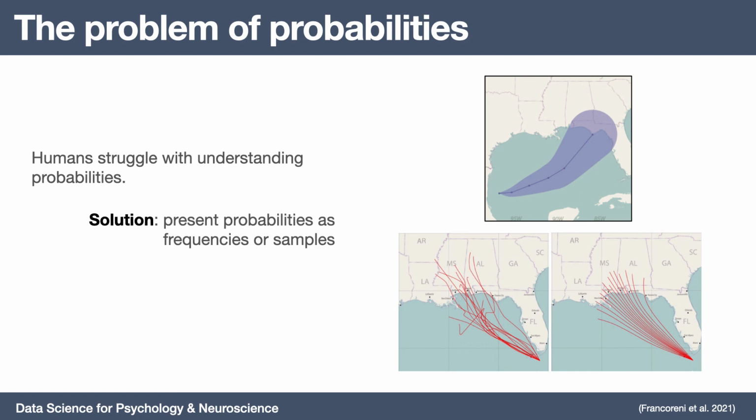For a viewer, even though this is conveying slightly less information because they're just discrete samples of simulation runs of the hurricane's path, they're conveying to the reader that it could be any one of these lines. And readers kind of fill in the gaps in the middle. And this is a much more powerful way of conveying to the viewer that what you're plotting is possible paths of the hurricane than the graphic at the top, the cone of uncertainty.